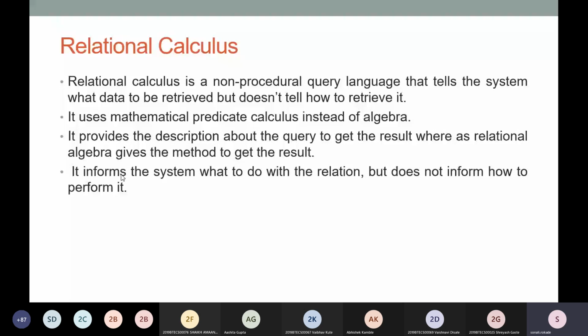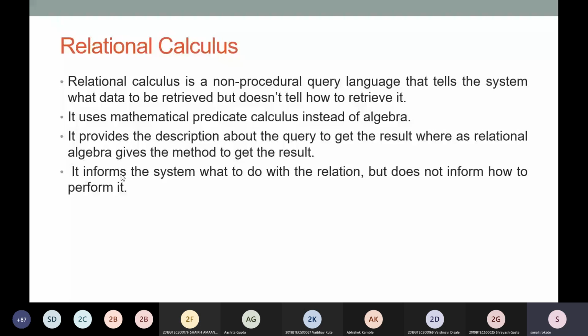So we can say that this relational calculus is a non-procedural language. Okay, so we have seen types of relational algebra, and some are procedural query languages and some are non-procedural. Procedural query languages are those which are used to get the result by knowing the steps and procedure of the whole fetching of data.